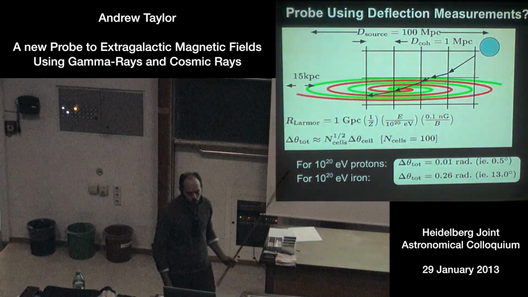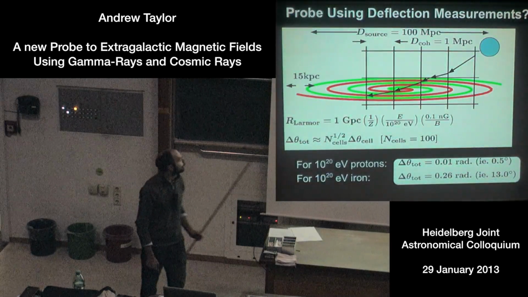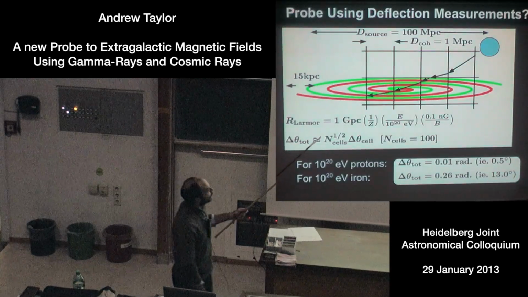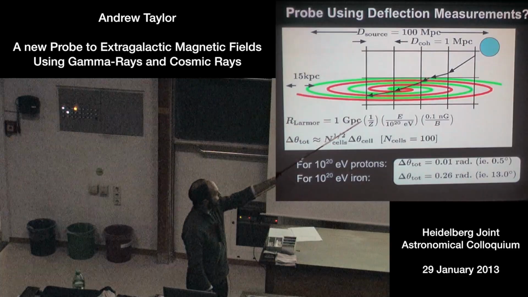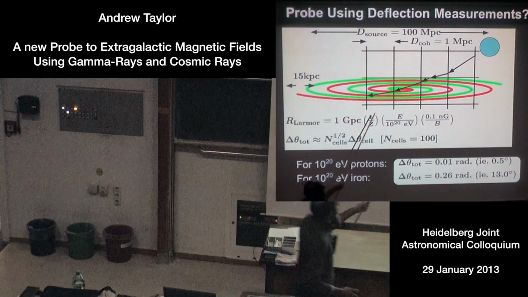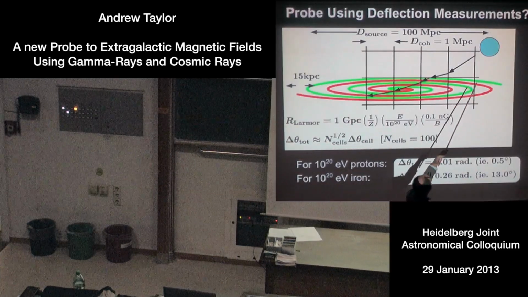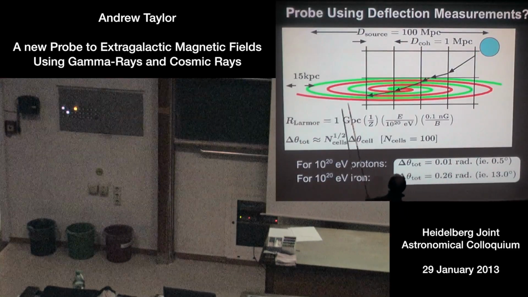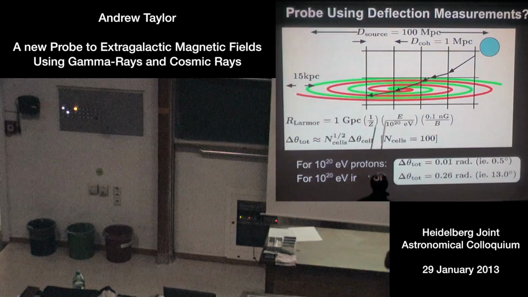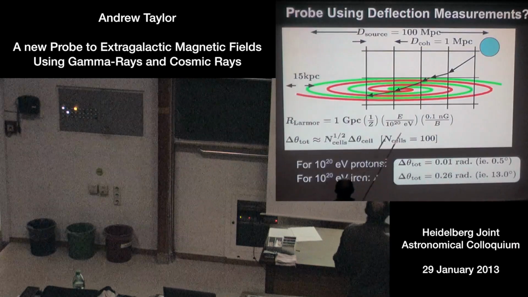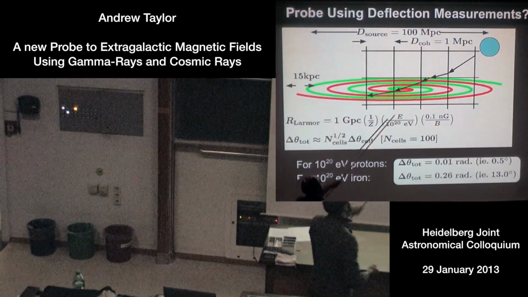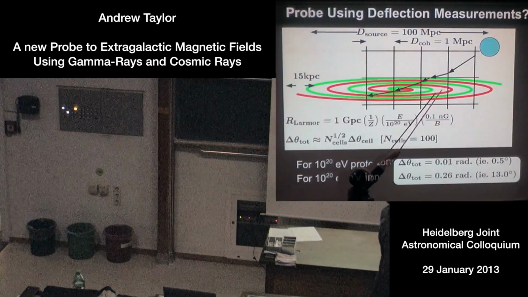Okay, so one hope using ultra-high-energy cosmic rays is using the deflection of the cosmic rays arriving from a nearby distant source. So here's our source here. I've put it at some 100 or, I don't know, 70 megaparsecs away from us. And the cosmic rays have to propagate through magnetic patches.